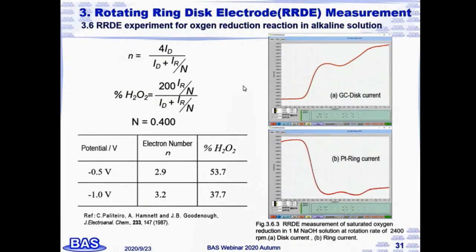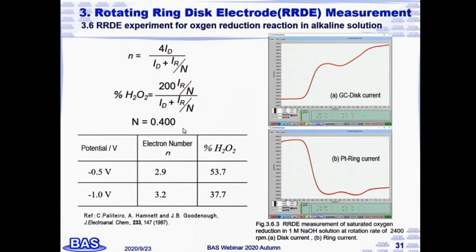Furthermore, from the ring and disk electrode currents obtained by RD measurement, the number of oxygen reduction reaction electrons of the disk electrode catalyst and the generation rate of hydrogen peroxide can be calculated by these equations. For example, using the ring and disk electrode currents of the RD measurement at 2400 rpm, we calculate by substituting them into this equation.